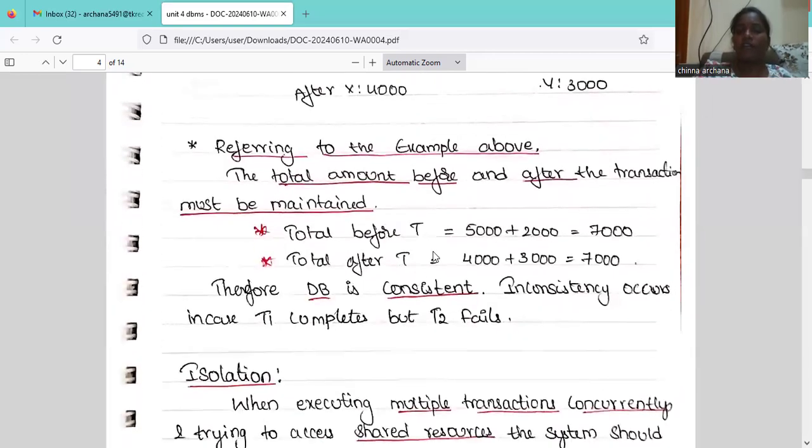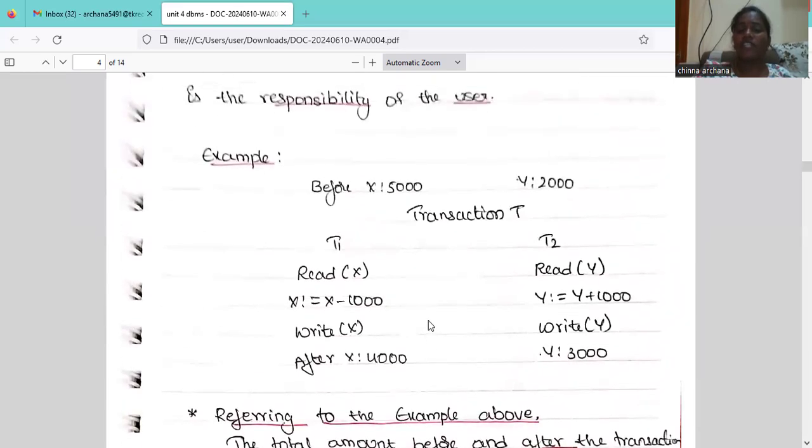Now how will we check the consistency in the database? See here, if a transaction is going to take place, the transaction is either debiting or crediting an amount. I debit some amount from my account and credit it to someone else's account. Or else someone debits an amount from their account and credits it to me.